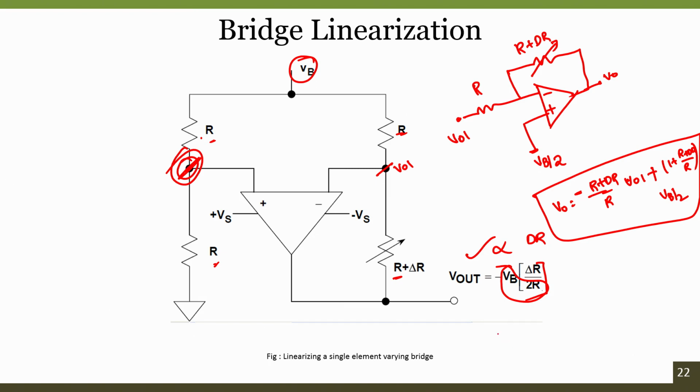So, how is this particular configuration making the output linear? Since this sensor is connected in the negative feedback topology, as we are already aware, this I1 will always be equal to IF.